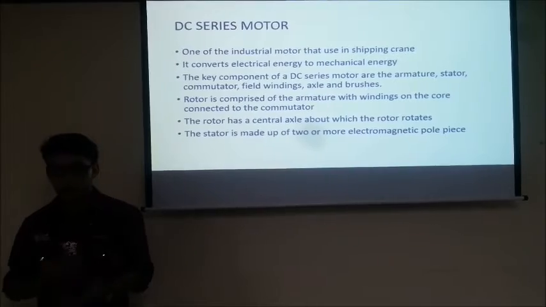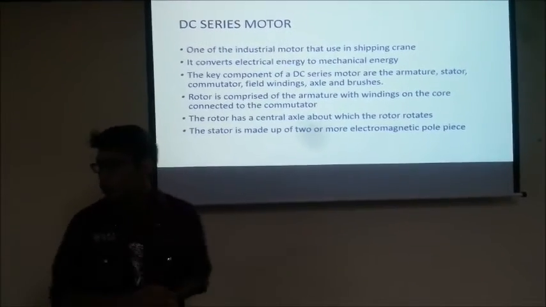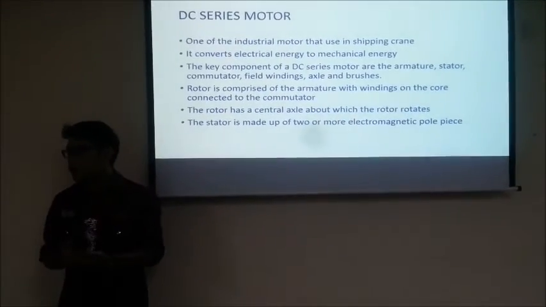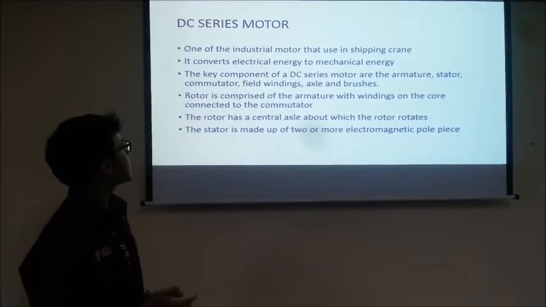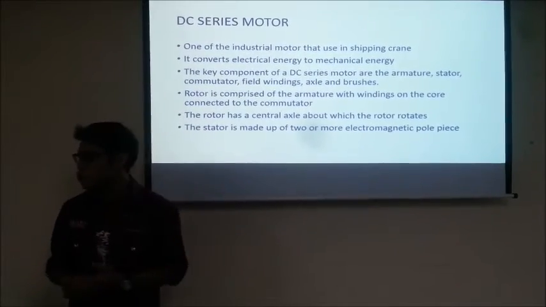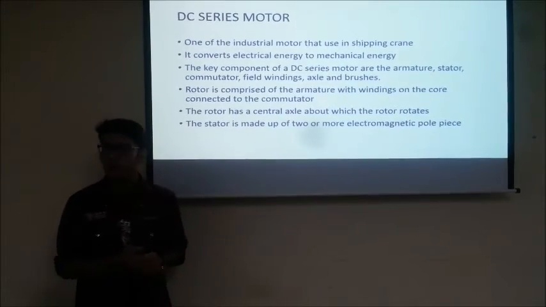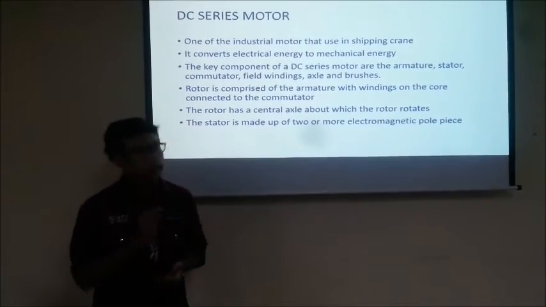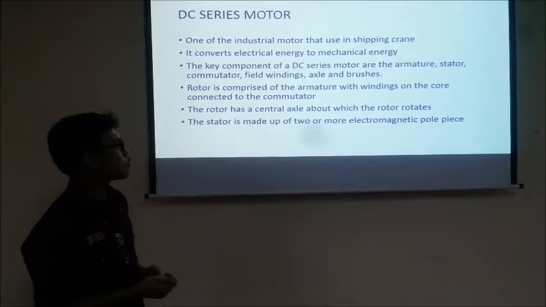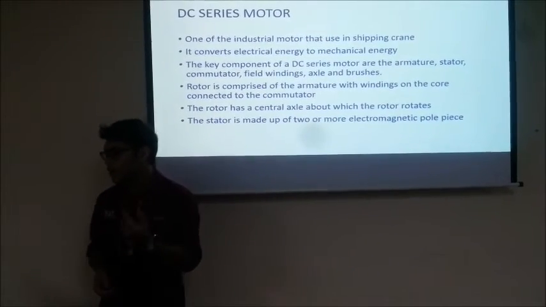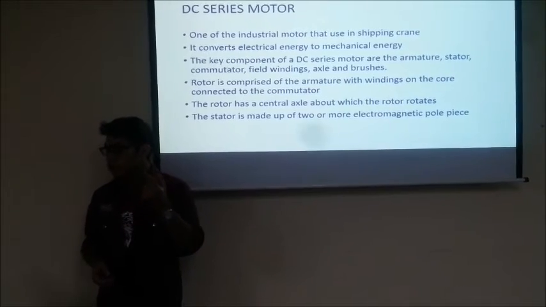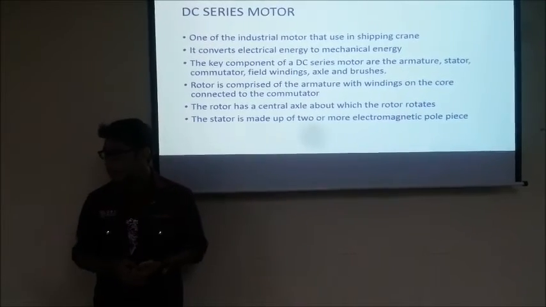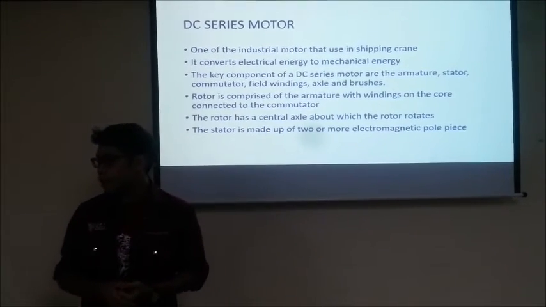Let's move to the motor for the gantry crane. One of the industrial motors used in a shipping crane is the DC series motor. A DC series motor converts electrical energy to mechanical energy. The key components are the armature or rotor, the stator, commutator, field windings, axle, and the brushes.